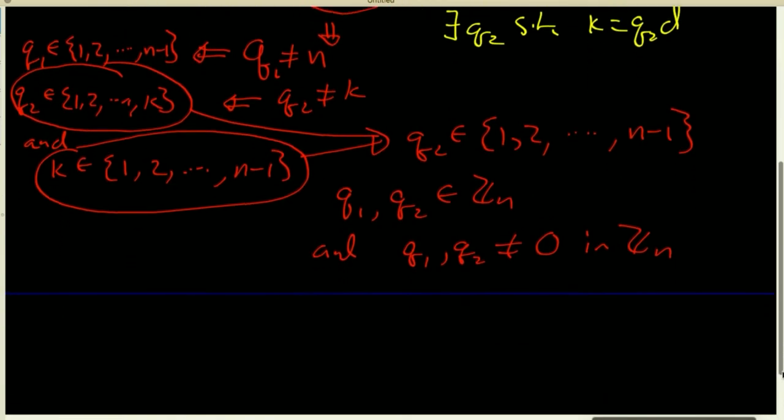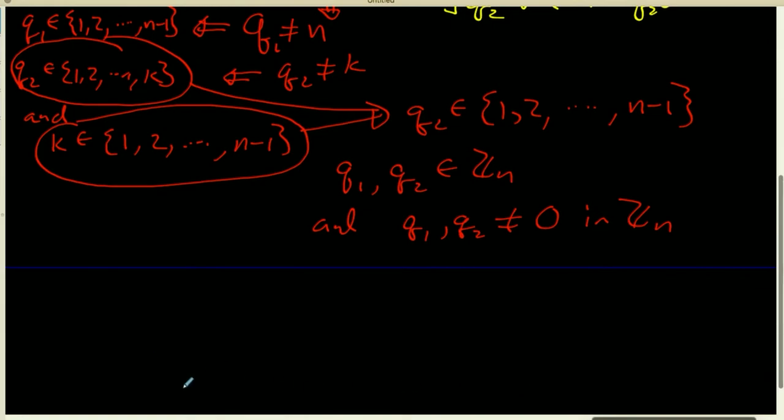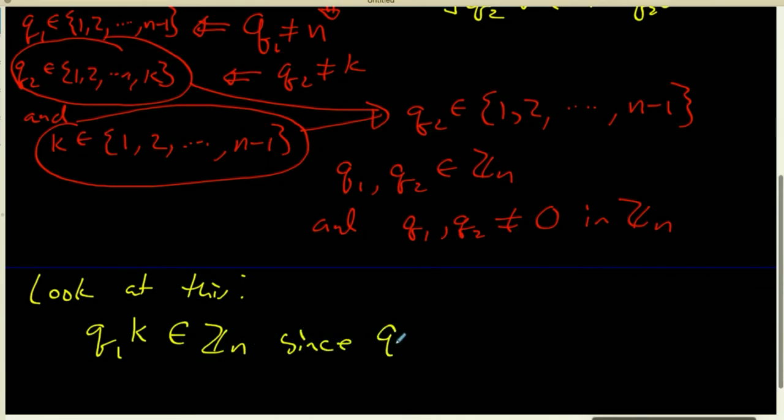So what else can we now say? Well, here's what I want to look at. Let's look at multiplying Q1 times k. Now Q1 times k definitely belongs to Zn, since Q1 belongs to Zn and k belongs to Zn.